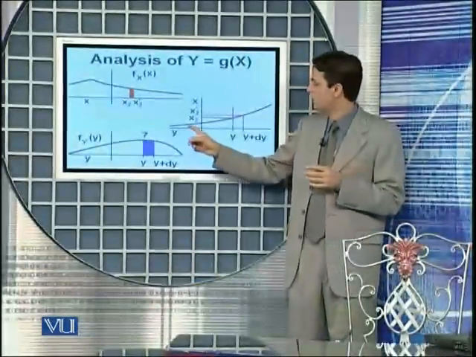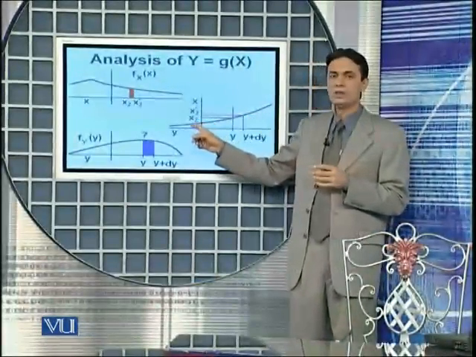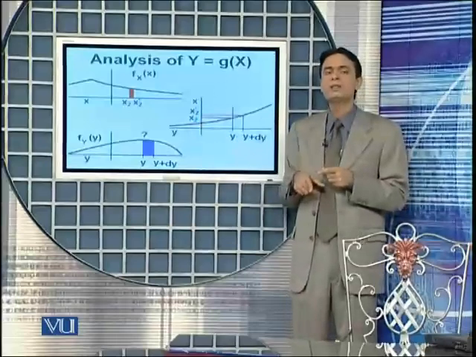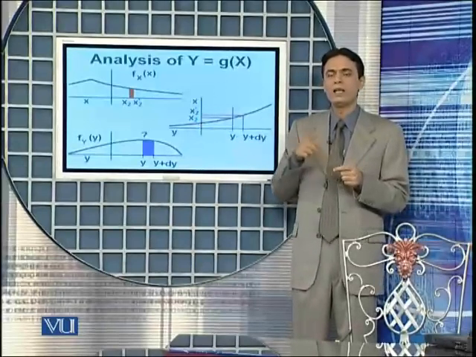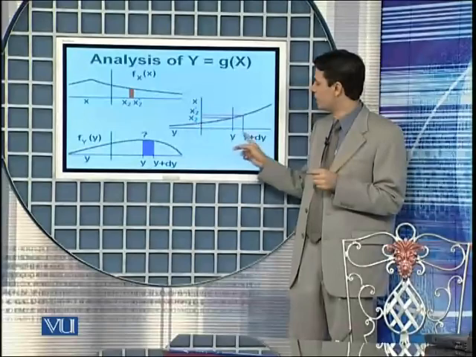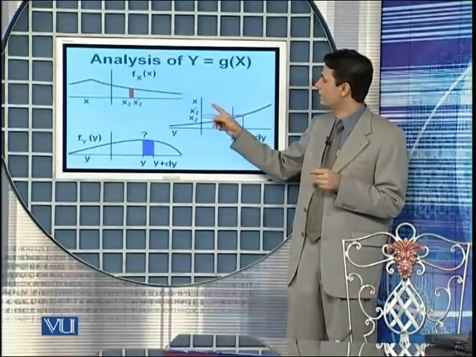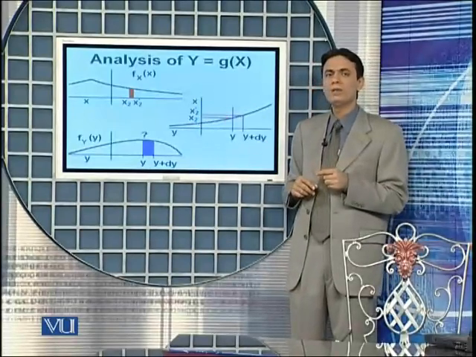This relationship is defined through this function h, which is the inverse transformation from y to x. The inputs are values of y and the outputs are values of x.